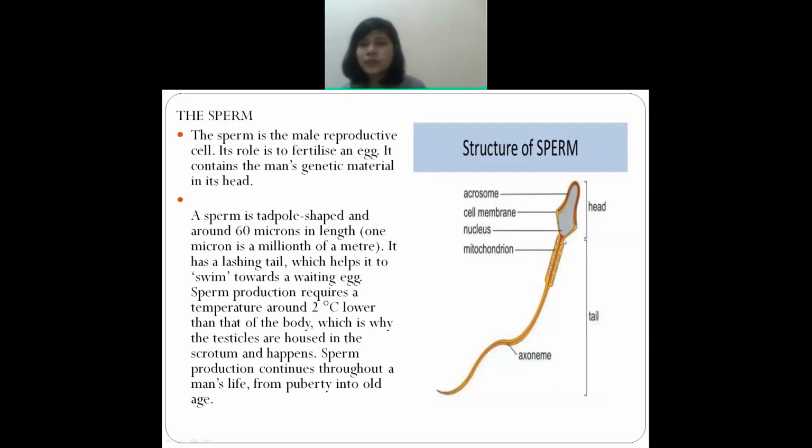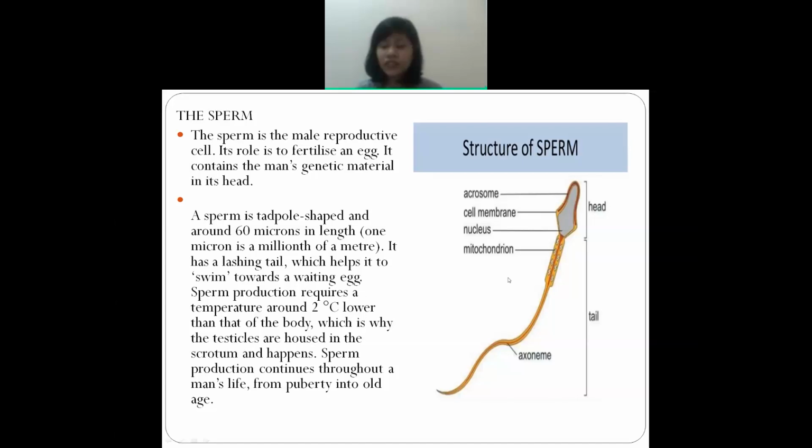And what can you see in the sperm? The sperm is just like a tadpole. Do you know tadpole? Everyone knows the meaning of tadpole. Yes, ma'am. Like frog babies.